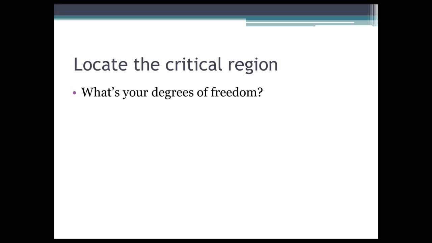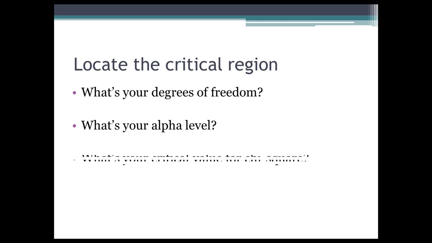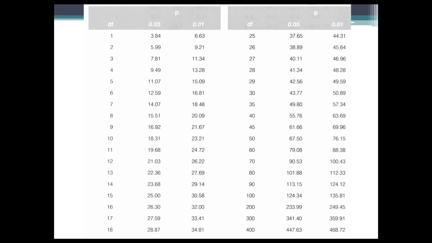So first things first, what's our degrees of freedom, our alpha level, and what is the critical value? Our degrees of freedom, remember, is (R minus 1) multiplied by (C minus 1), and our alpha level is 0.05. Our critical value for chi-square we can look up on a chart.